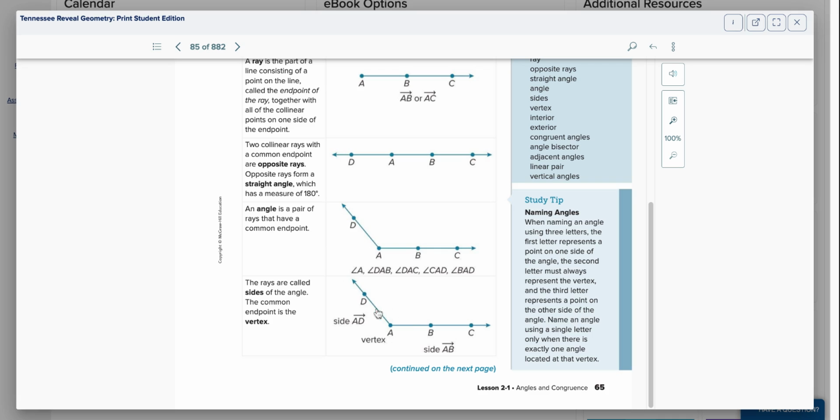All right, so you've got the vertex A, that's the common endpoint for your opposite rays, or your 2 sides, in this case side AD, which is the ray going up, and AB side, which is going to the right, or AC for that matter. So again, you need to know how to name sides and the vertex. The vertex is A, that's your common endpoint, and you have ray AD and ray AB. Those are your 2 sides.